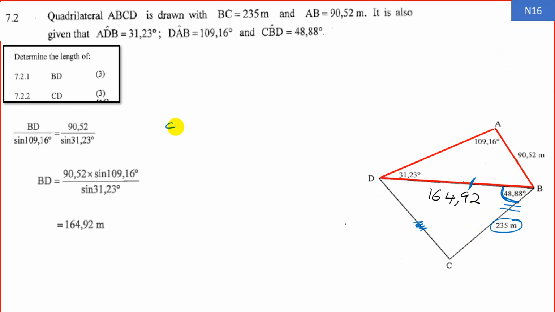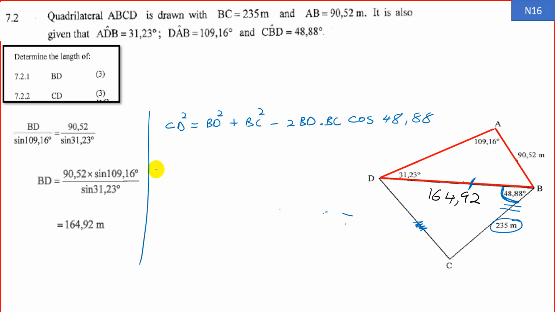So the cos rule states that CD squared would be equal to BD squared plus BC squared minus 2 BD times BC and cos of the included angle, which is 48.88. And all we have to do is substitute from the diagram.